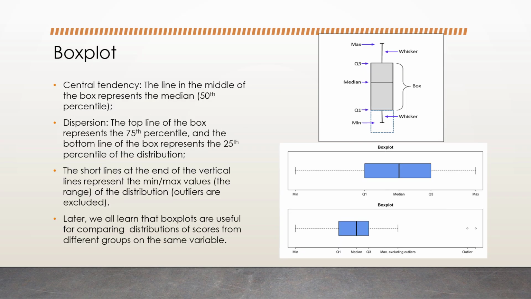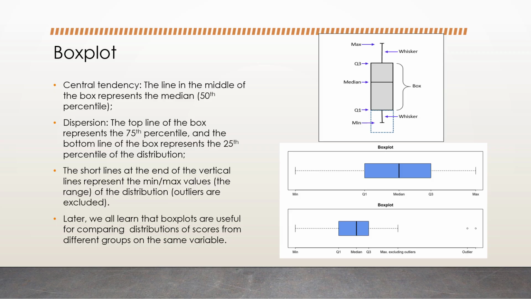The next type of graph is the box plot. Unlike histograms or bar charts, box plots do not display frequency distributions directly. Instead, they highlight key percentiles. The median, which is the 50th percentile, is shown as a central line within a box bounded by the 25th and 75th percentiles.